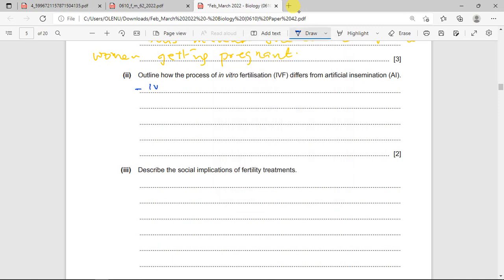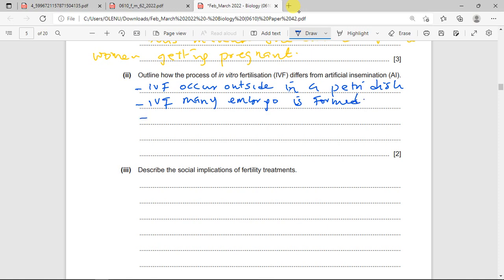IVF occurs outside in a petri dish, while also IVF requires many embryos to be formed, while in artificial insemination, fertilization is internal because you insert the sperm into the woman.